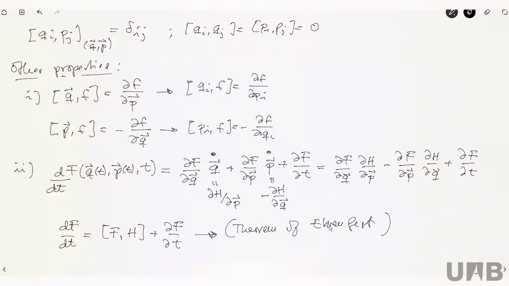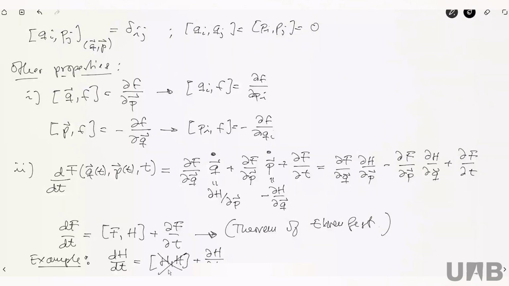But as you can see, it's just a direct consequence of the properties of Poisson brackets. And in particular, we can now see one of the properties that we already saw in a different way, which is what happens if we just take the derivative of the Hamiltonian with respect to time. Of course, this is going to be the Poisson bracket of the Hamiltonian with itself, plus the explicit time derivative of the Hamiltonian.